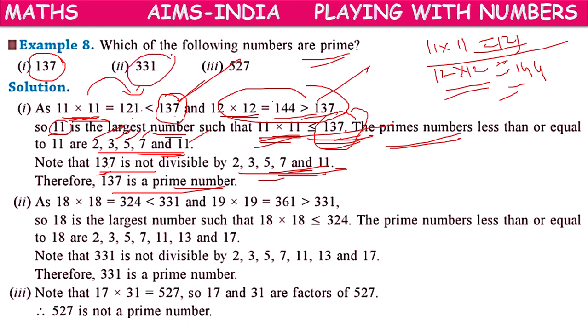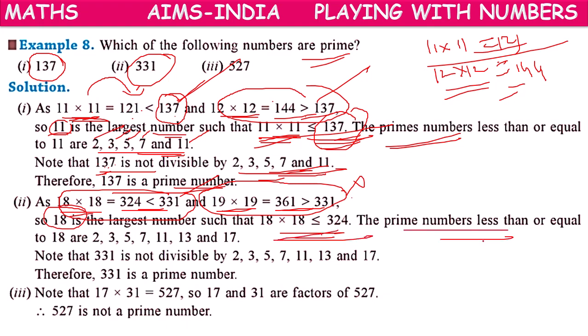Next, 331. 18 into 18, 324. 19 into 19, 361. This is a bigger number, no need to consider this. The smaller number, this one we can consider. 18 into 18, 324 is less than 331. So 18 is the largest number satisfying this condition.